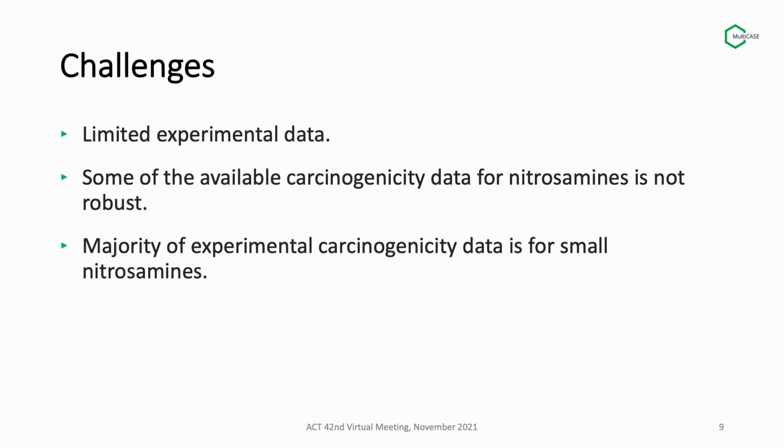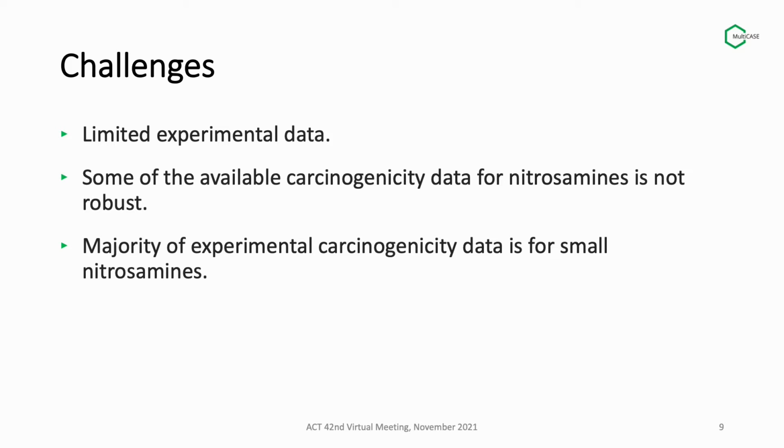There are quite a few challenges that are associated specifically in terms of the computational approaches for nitrosamines. And the first one is obviously the availability of a limited amount of experimental carcinogenicity data for nitrosamines. The other difficult problem is that all the training data that we can get our hands on is for small nitrosamines.